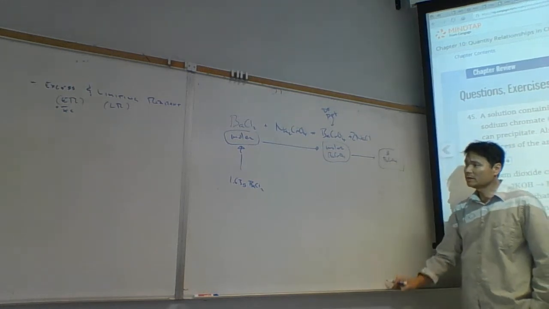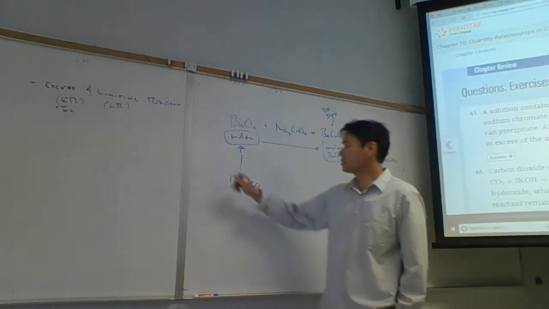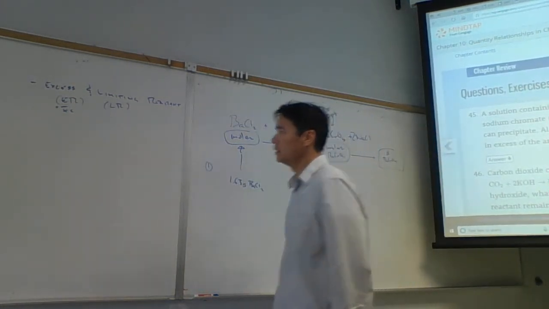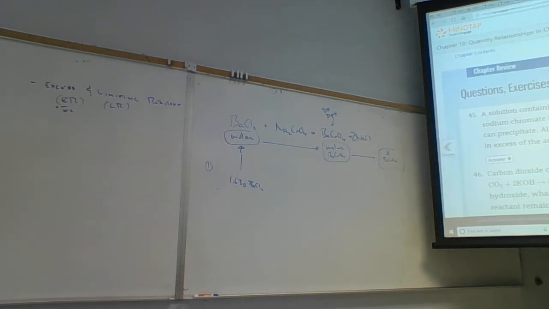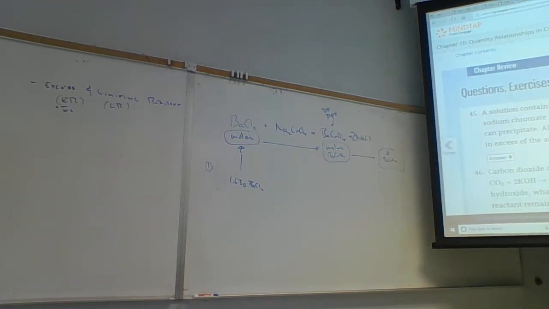And so this is called the yield from the first ingredient. This is going to be the yield from barium chloride. And so how many cookies can we make from the first ingredient? Well, that's this yield from barium chloride.